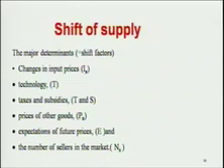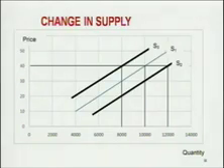Now, for example, if you look at this curve, say the original curve is supply 1. Now I have drawn 2 curves. One is S2, the other one is S3. Suppose my technology is very old. When technology is very old, I am not able to compete with other people. I can't produce much product.